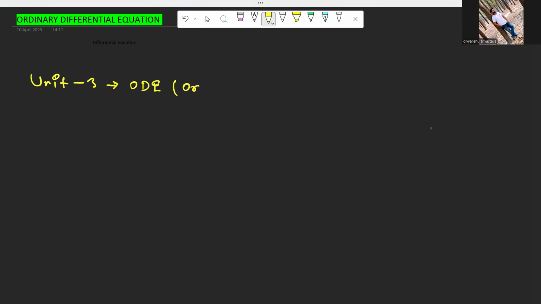ODE means ordinary differential equation, already written here, no need to write it again. Now in this section, the first and most important topic is existence and uniqueness theorem.